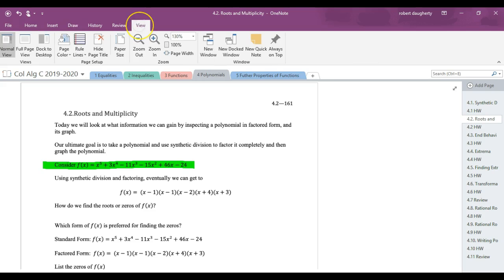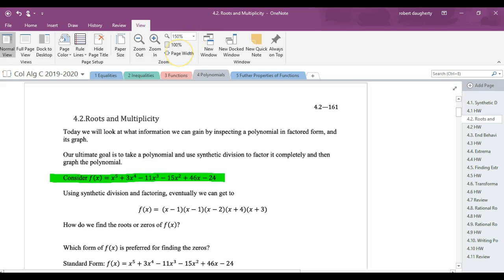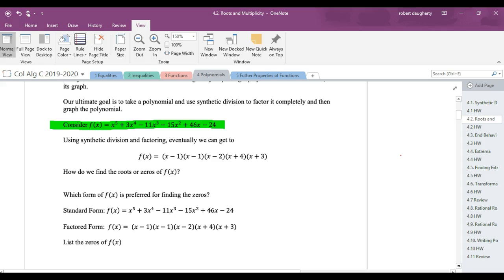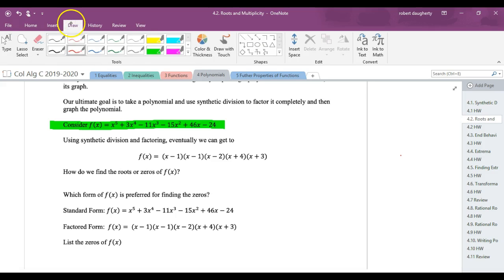So look at this one. I'm going to make this a little bit larger. If I look at this polynomial that I just put in front of you, this is what it looks like in factored form. We want to get to be able to graph it. Right now, we're not to where we can graph it, but at this point, you should be able to tell me the x-intercepts.